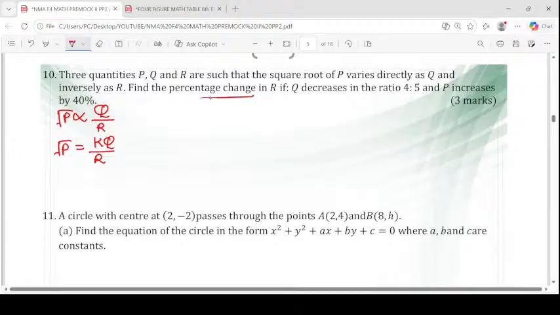Now we need to get the percentage change in R, so I can make R the subject of the formula. R is equal to KQ over root P. Now, Q decreases in the ratio 4:5.